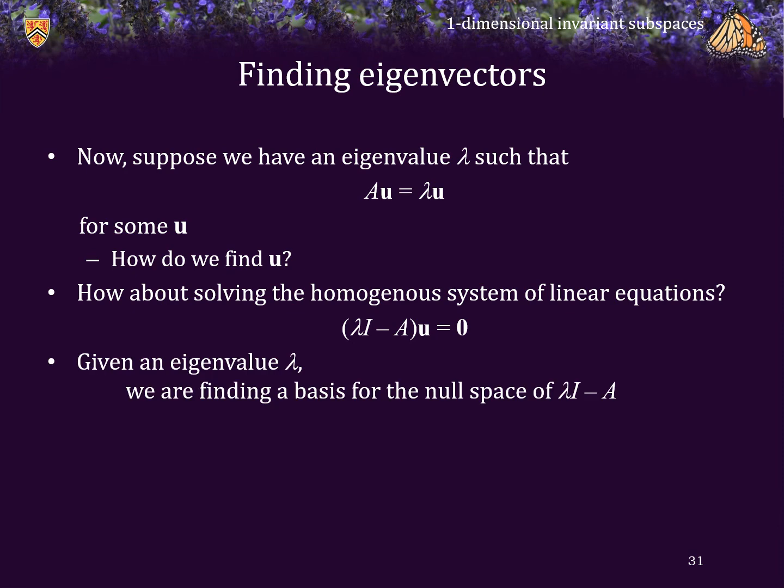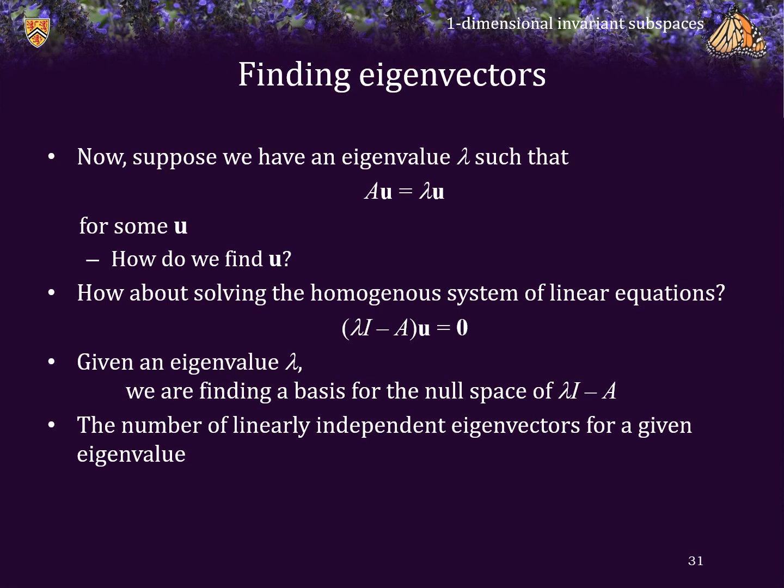Therefore, given an explicit value of lambda, we will place this value into the system of homogeneous linear equations, and we will then find a basis for the null space of this specific system of linear equations.